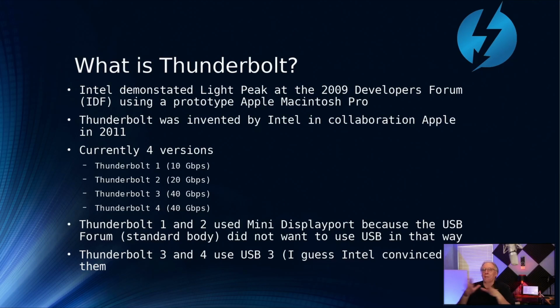No, we're just not interested in doing that. Well, apparently, after 2 releases of Thunderbolt, they finally convinced the USB forum that this is really not a stupid idea. It's a good idea. And so they switched to USB 3 in order to do this. So apparently Intel did convince them to do it.